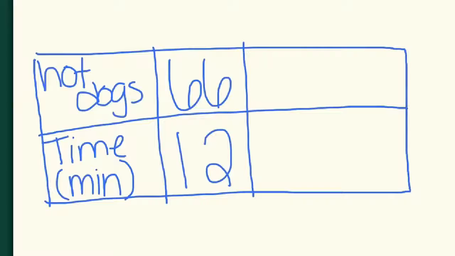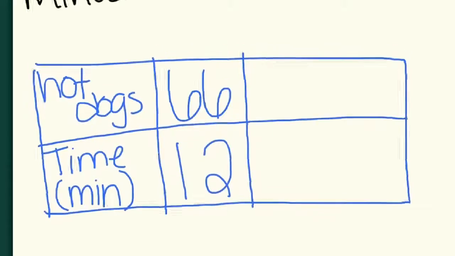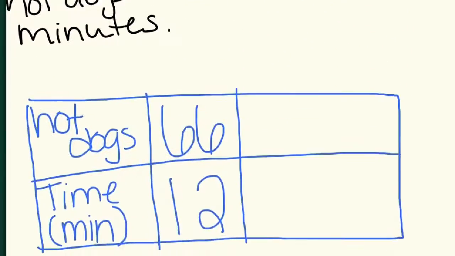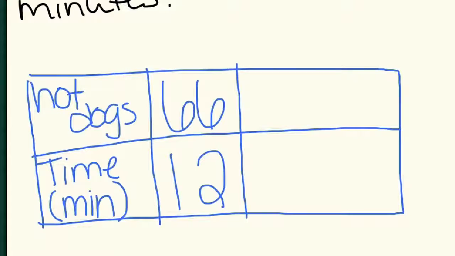Okay, so now what I want to do is I want to make this smaller. I want to figure out how much he ate in 2 minutes. Okay, so 2 is our end goal, but I might not know what I have to do to get from 12 to 2. So let's make this just a little bit smaller.